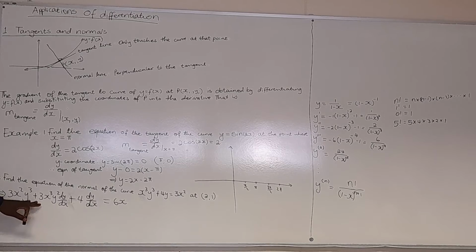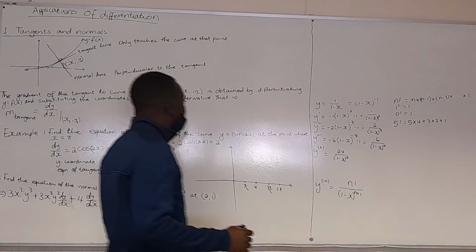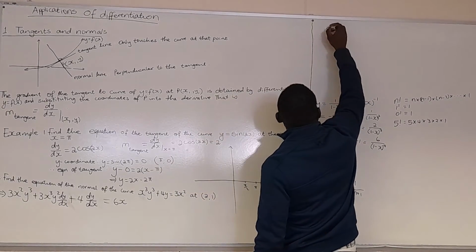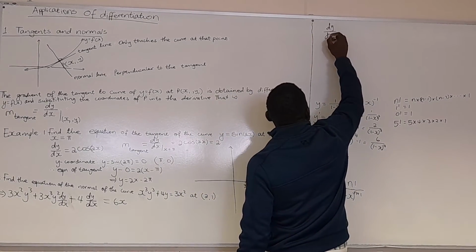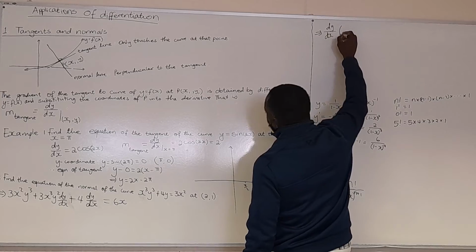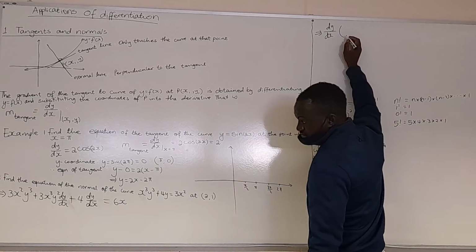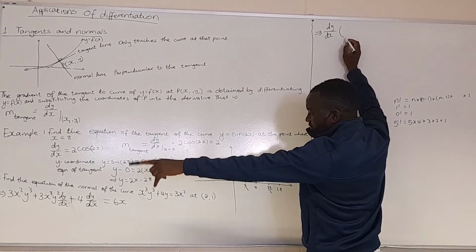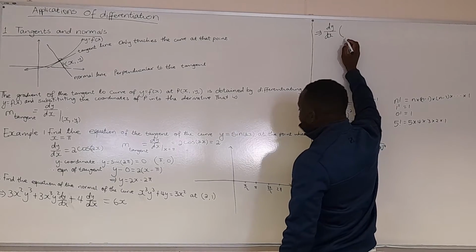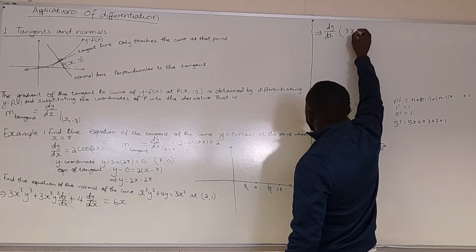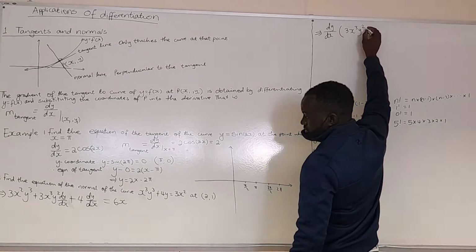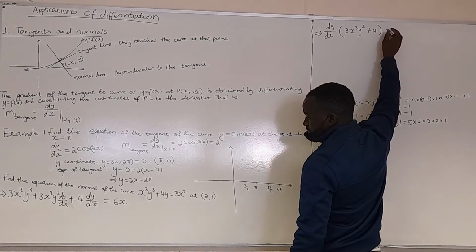Now we are trying to make dy dx the subject. So dy dx is common in the two terms, and then the other one I'll move to the right hand side. This is 3x cubed y squared plus 4.